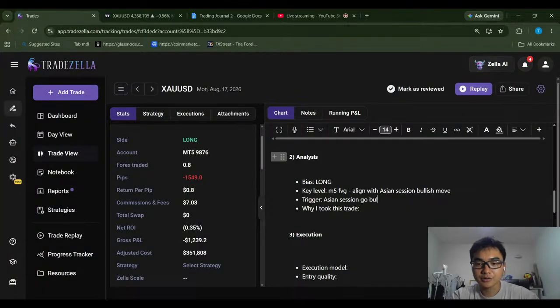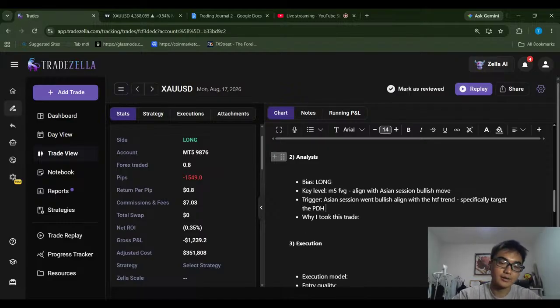Go bullish when bullish, align with the high time frame trend, specifically targeting the previous day high.